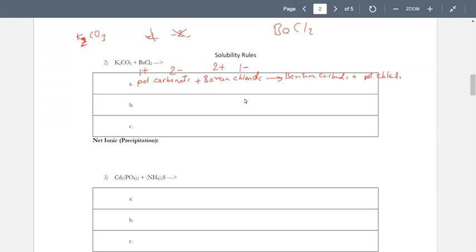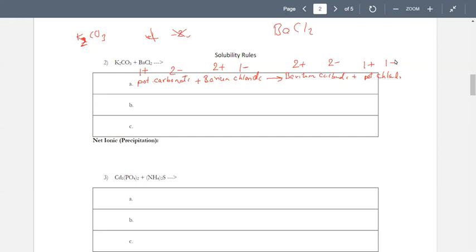Okay. So if this is the charge over here, the same charge will apply to the other side. The charges will be the same. So if barium is 2+, we can write 2+ here. Carbonate is 2-, we can write 2-. Potassium is 1+, 1+. Chloride is 1-, you can write 1- over here.